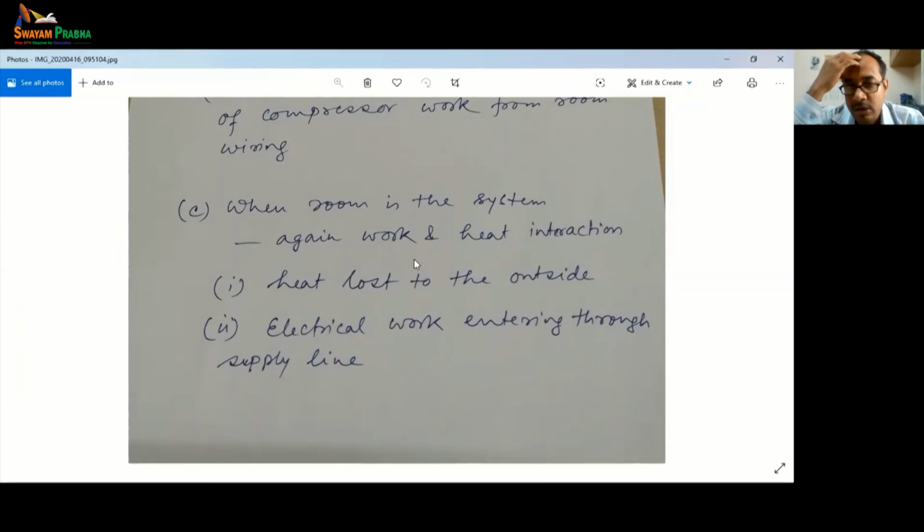So that heat is lost from the room to the atmosphere. That's the heat interaction. And the electrical work, that is coming through the supply line. So the electrical plug that you are plugging your refrigerator to is fed by some supply line which is coming out of the room, right? So that is the electrical work entry point for the system here.